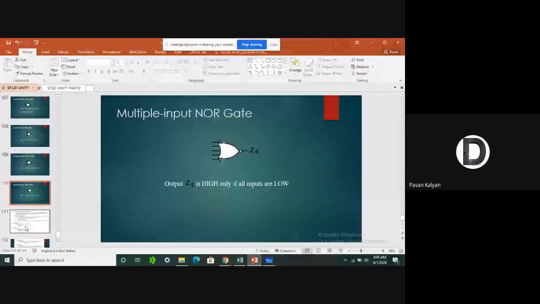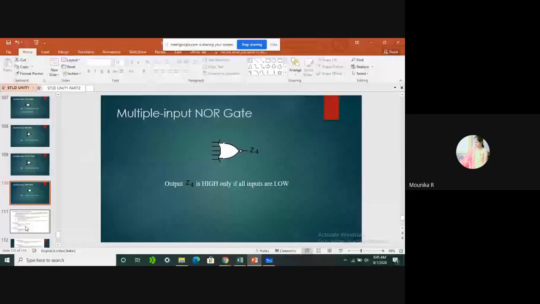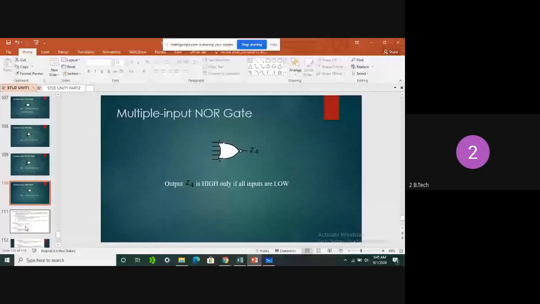In the OR gate, if any input is high, then the output is high. In the NOR gate, that is going to be reversed. So here Z4 is high only if all inputs are low.